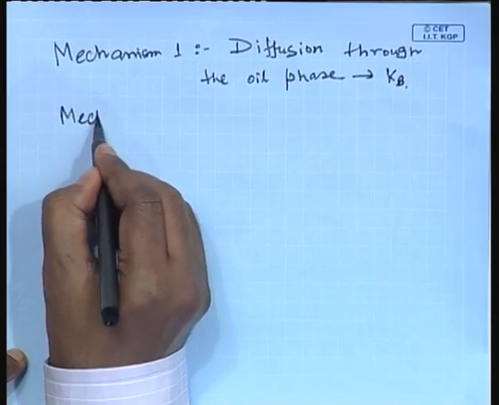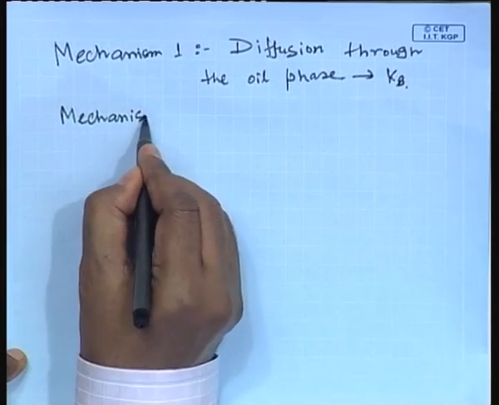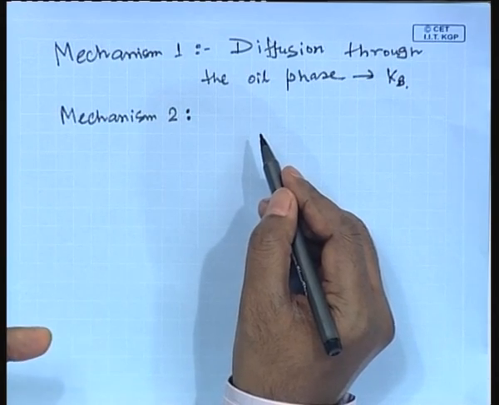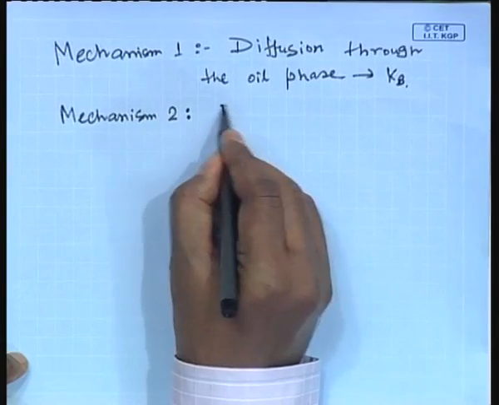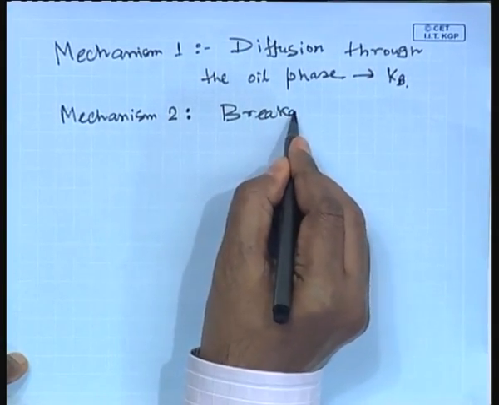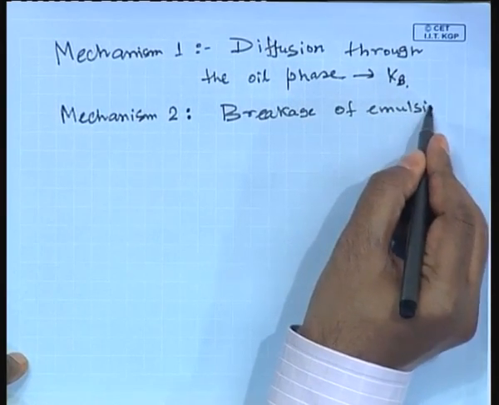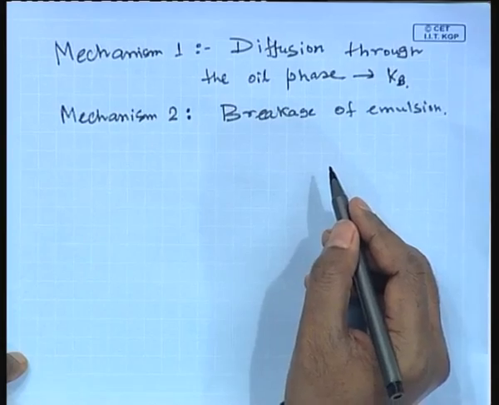The second mechanism is that the solute B, the complex that is formed, can come to the external phase via breakage of the membrane, that is, breakage of the emulsions. Suppose some of the emulsion droplets break, then obviously the whole thing will come out in the solution.